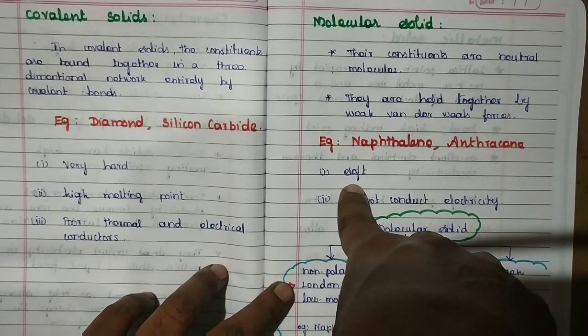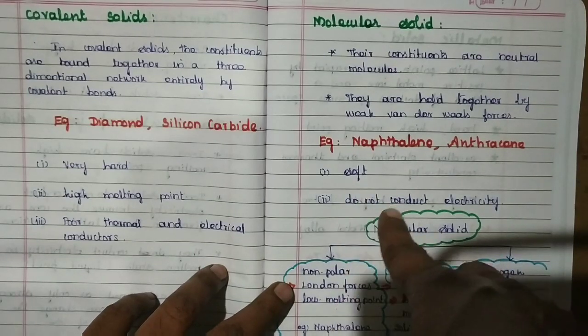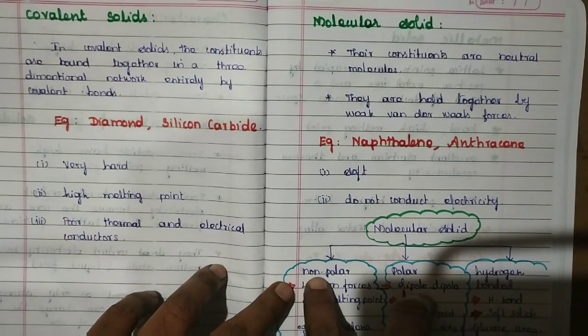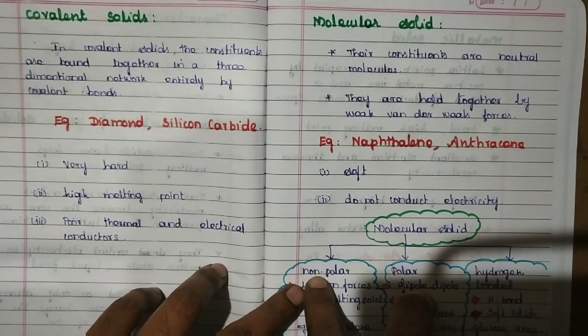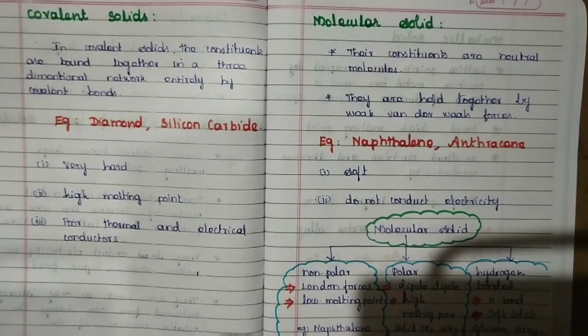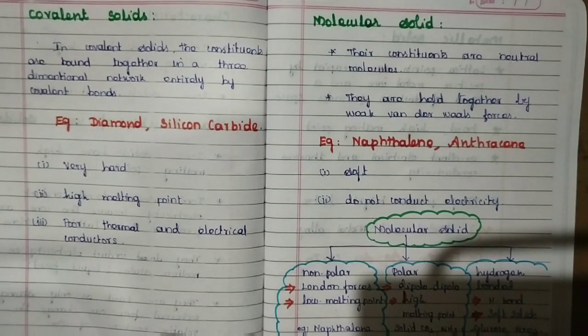These molecular solids are further classified into three types: non-polar molecular solids, polar molecular solids, and hydrogen bonded molecular solids.